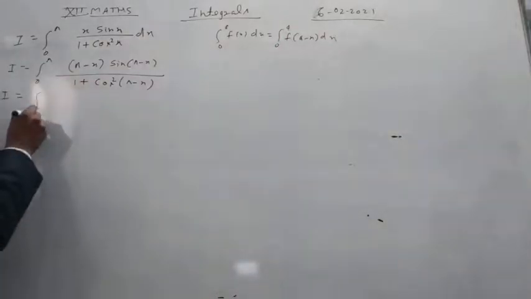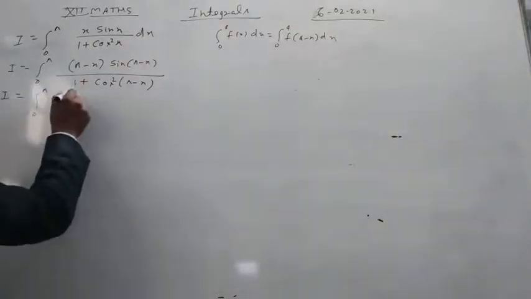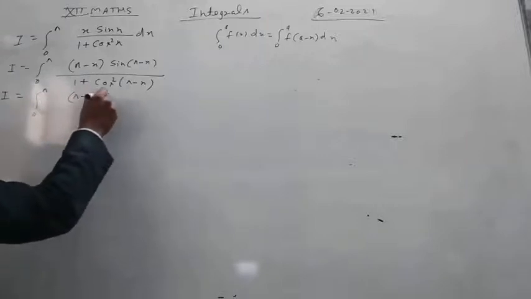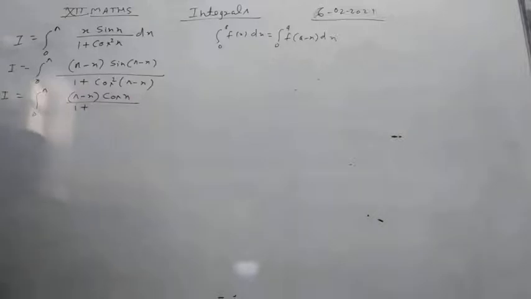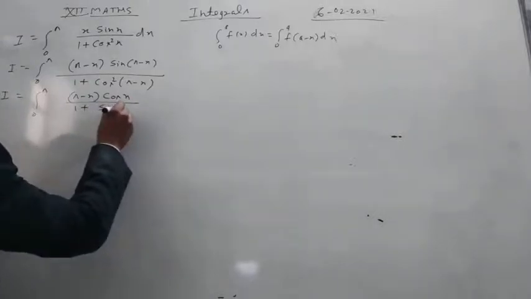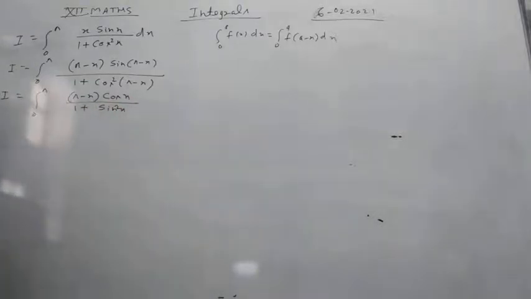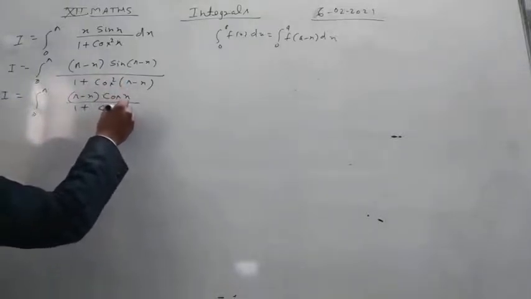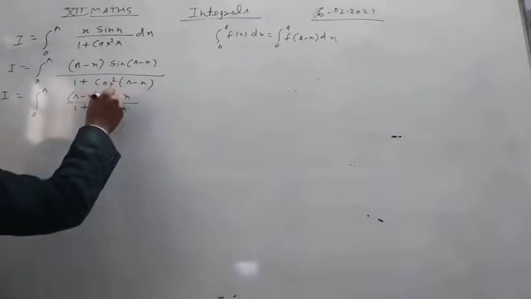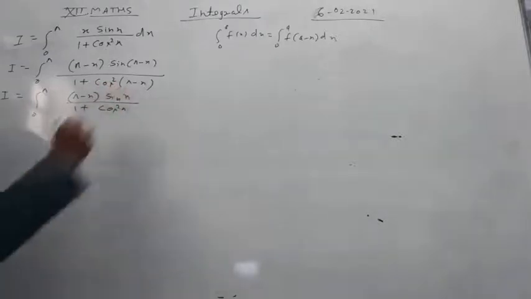So I is equal to integral 0 to pi of (pi minus x) sin x by 1 plus cos square x dx, where sin and cos square terms are taken with pi minus x.